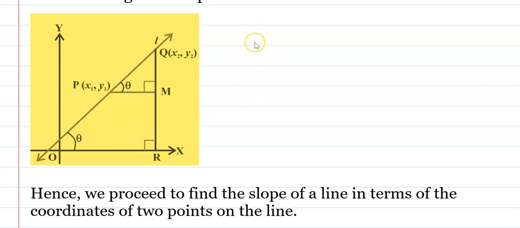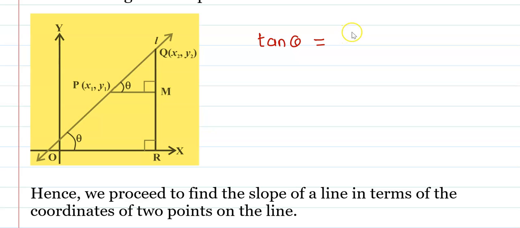We can find out here, see this, the triangle PMQ. PM is parallel to the x-axis and this is a transversal. These two lines are parallel. Therefore, these two angles are corresponding angles. We can find the tan of theta from the triangle PMQ. Now, what is tan theta?